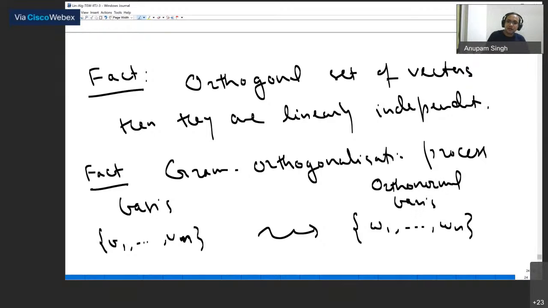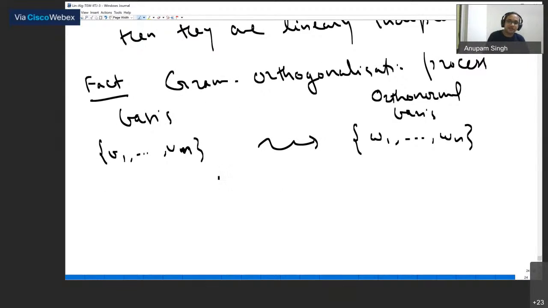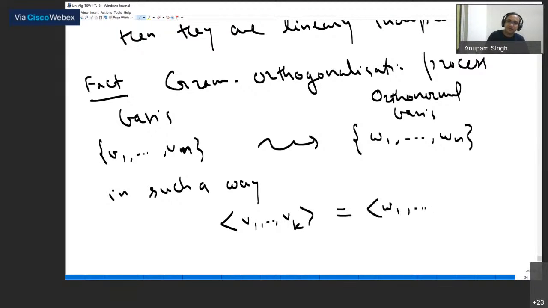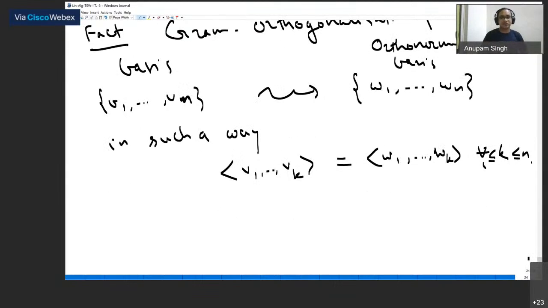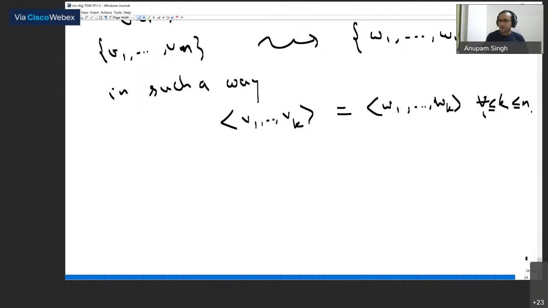And not in a random way. It is in such a way, and this is important actually, it's part of the process, that if you take the subspace generated by v1, v2, ..., vk, any k of them, it is actually equal to the subspace generated by w1, w2, ..., wk for all k between 1 to n. This is just the process itself, automatically a part of that step. It's an algorithmic process, in fact, right?